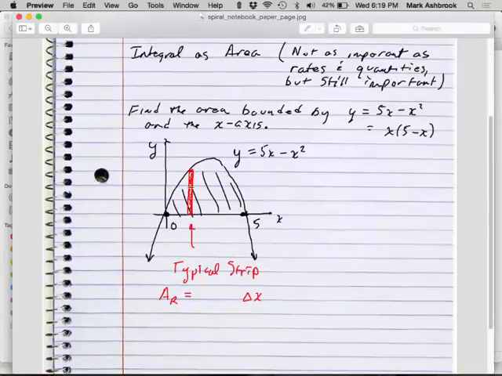Okay, so it's the y coordinate of this graph. Do you see that that's just the y coordinate of this graph? So we could say y times delta x. If we're starting at the x-axis and going up to the curve, that's the y coordinate.